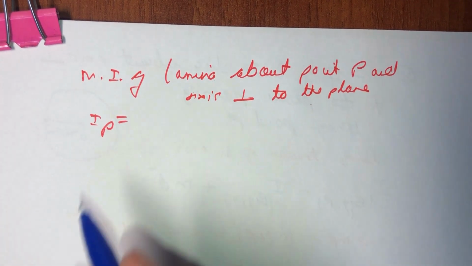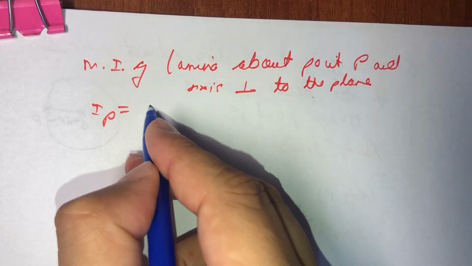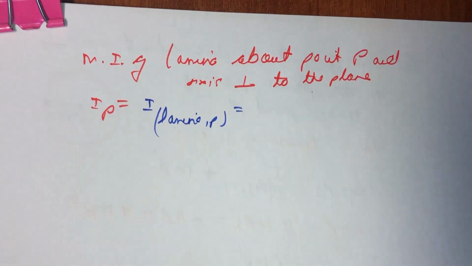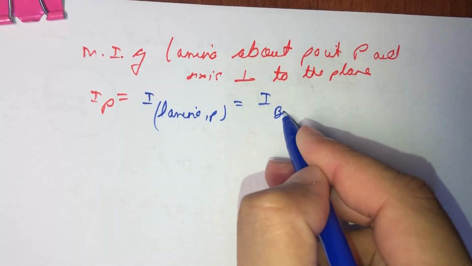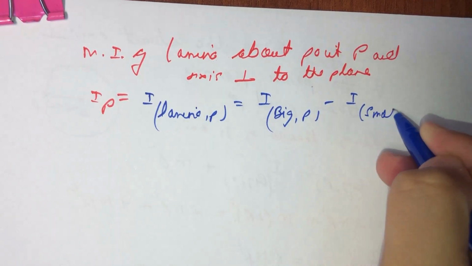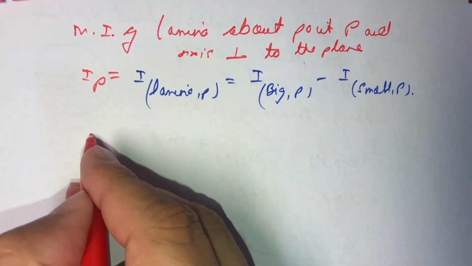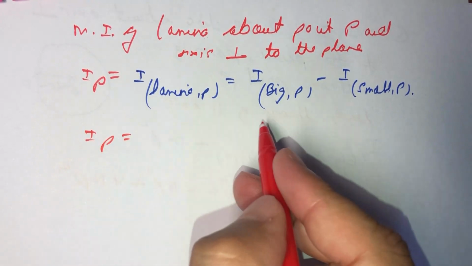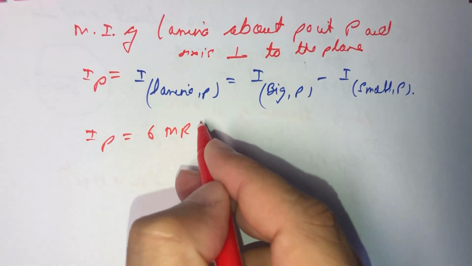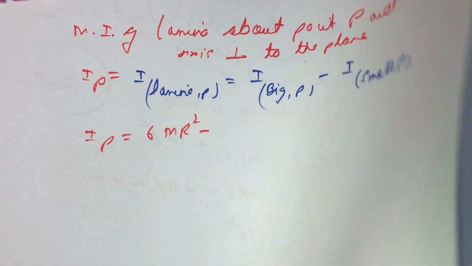So therefore we can say IP, the moment of inertia of lamina about point P, will be equal to the moment of inertia of the big disk about point P minus the moment of inertia for the small disk about point P. Therefore we can write that our IP is equal to 6 mR square for the bigger disk, minus for the smaller disk we just calculated.